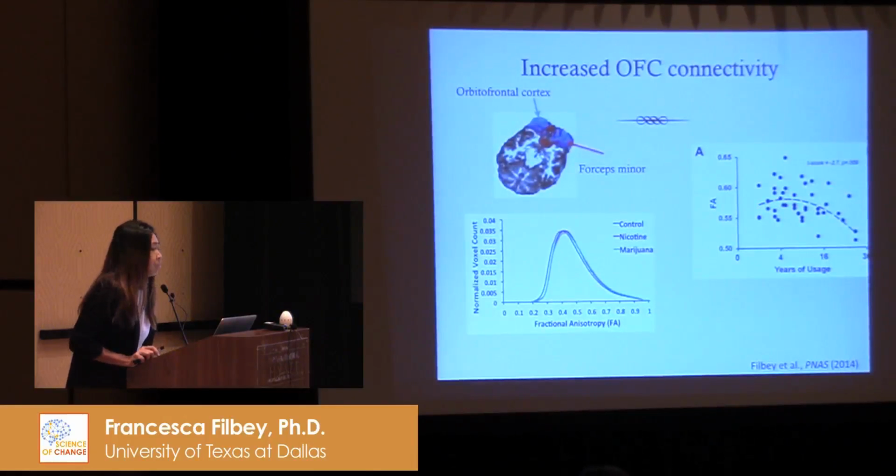So what we're seeing here is a quadratic relationship between that increase in white matter connectivity and years of use, suggesting that perhaps during prolonged use, after about the 5th or 6th year of use, that FA connectivity does start to decline. We need to really determine if that might go back to the level of the non-using controls, but it suggests some type of neuroplasticity perhaps that occurs immediately after the onset of regular use.